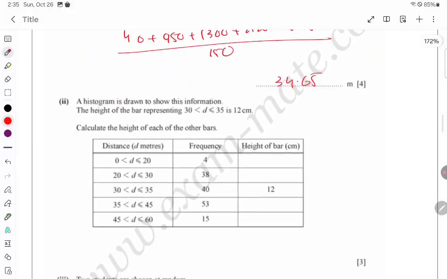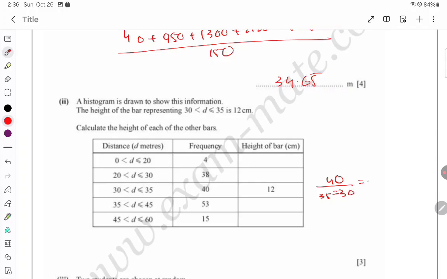In part 2, a histogram is drawn to show this information. The height of the bar representing distance d greater than 30 and less than or equal to 35 is 12 centimeter. Calculate the height of each of the bars. So in order to calculate the height, what we can do, this is our 40 divided by the range 35 minus 30.